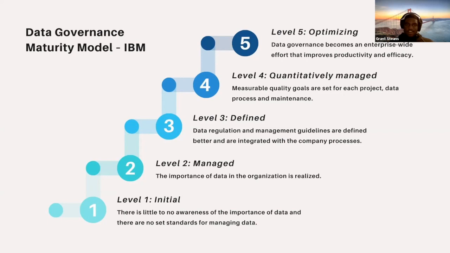Now, a defined level right after that is where data regulation and management guidelines are defined. So you're putting together a policy for different people to follow across your organization. However, this defined level is missing cohesion across the organization.